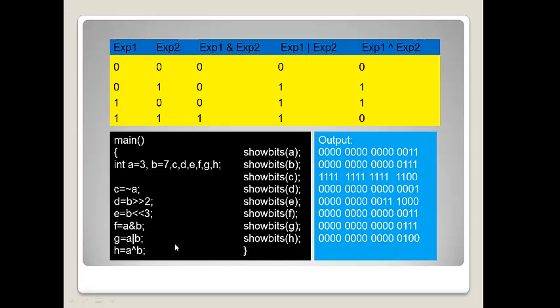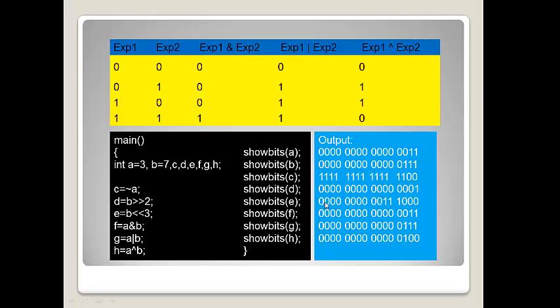In a similar way, b left shift 3. This is the binary form of b, 0 0 0 1 1 1. Left shift 3 means it truncates 3 bits from the left side and adds 3 zeros on the right side.